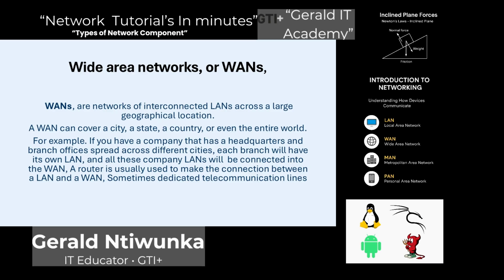And all this company local area network will be connected into a wide area network through a router, which is usually used to make the connection between the local area network and a wide area network. Sometimes dedicated, when you have telecommunication lines.